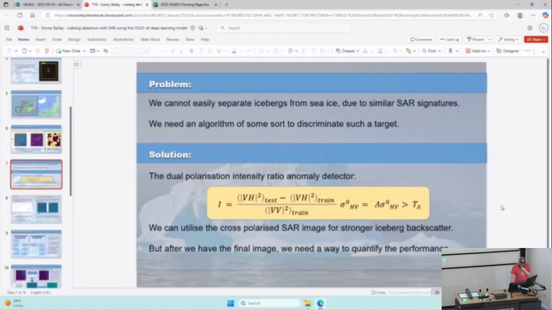So volume scattering is one of the biggest elements, but we also have the surface element. Icebergs can topple over, it can rain, it can get sea spray, that can affect the dielectric constant and cause the surface scattering to change. So again, the threshold that we set for the detector is important. Does that answer the question?